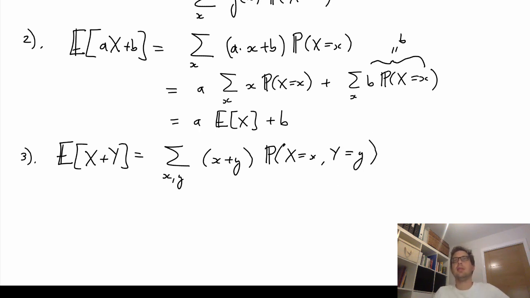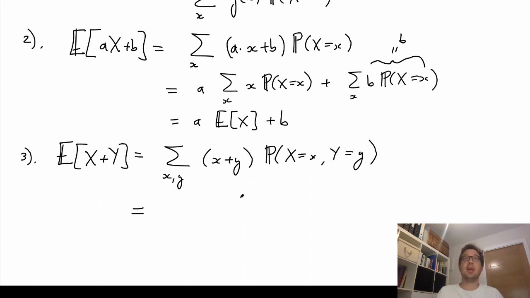Because I haven't really defined what I meant by this, but notice it's just some function of a random variable Z, which is this random variable added to this random variable. So just look at the probability of the values given times the values of the outcome.